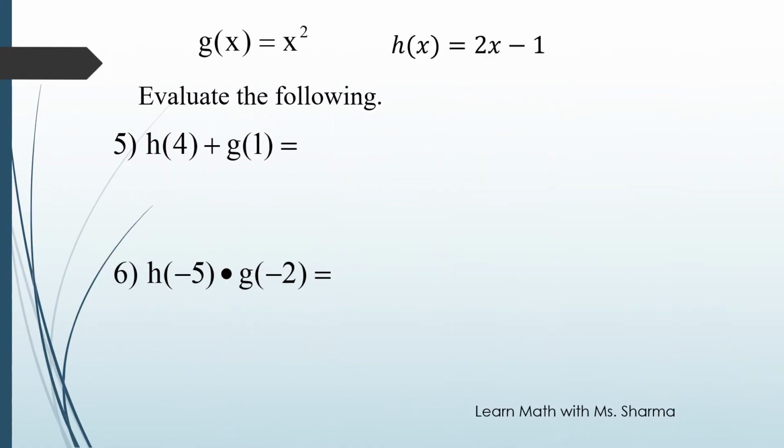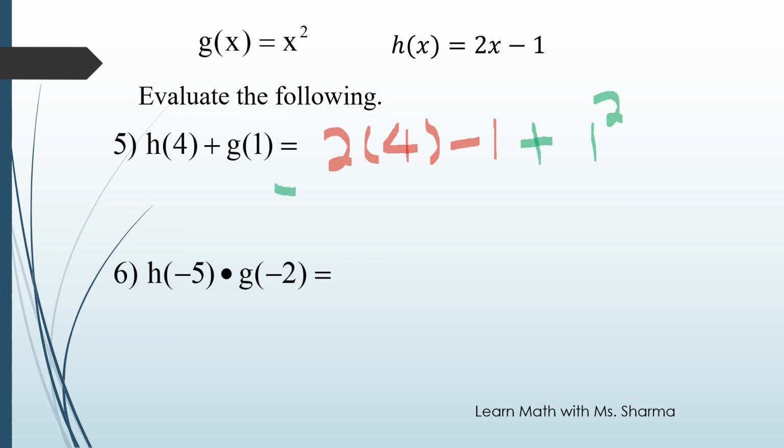Question 5. We will have to find h of 4 plus g of 1. So we find h of 4 first, which is 2 times 4 minus 1, plus, we need to find g of 1, which is 1 squared.